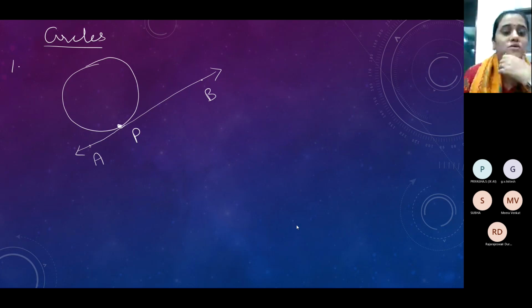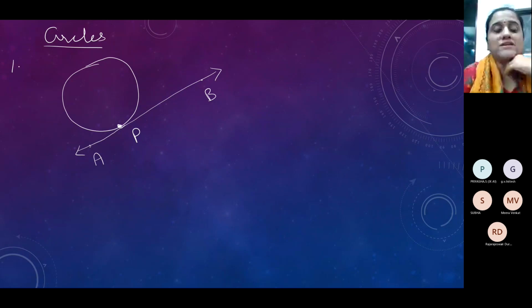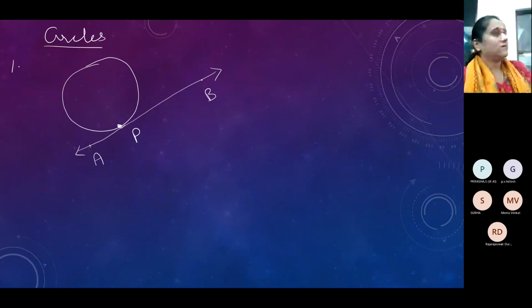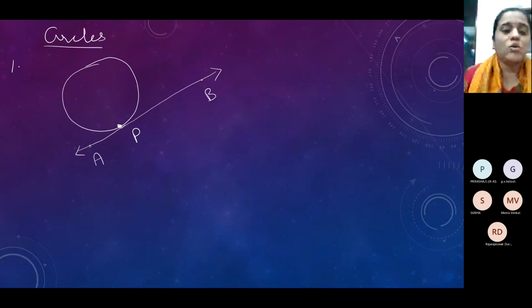All get that? So P is the only point common to the circle and the line AB, so AB is said to be a tangent to the circle at P.